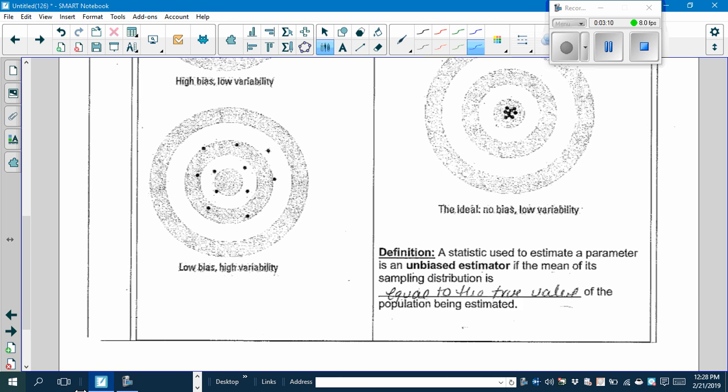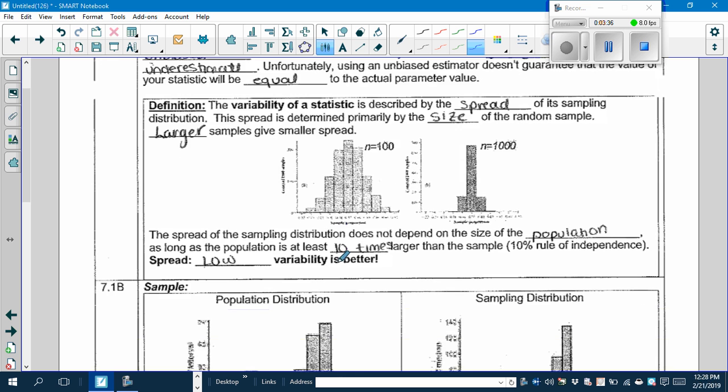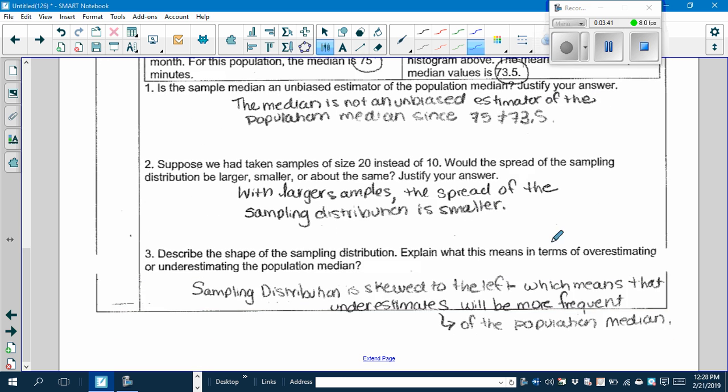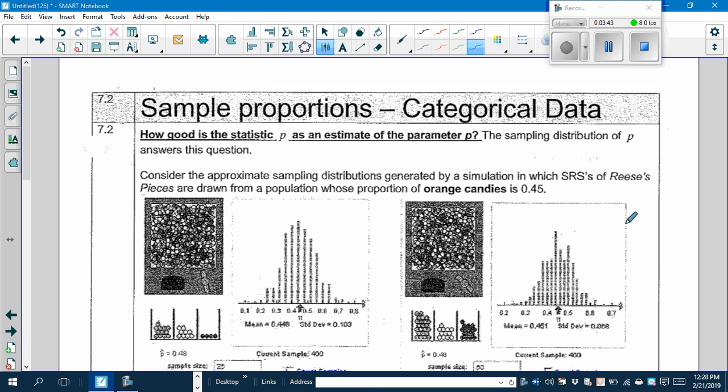So if your p hat is equal to p, that's an unbiased estimator. If your x bar is equal to the mean of the population, then that is an unbiased estimator as well. So that's what we're talking about, okay? Unbiased, meaning there's no bias whatsoever. Okay, the larger your sample, the better things are. So let's keep going.